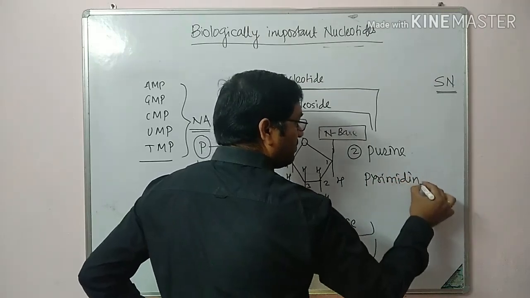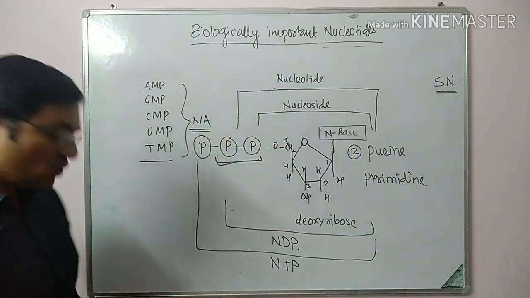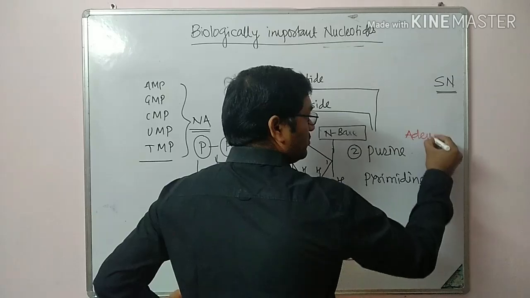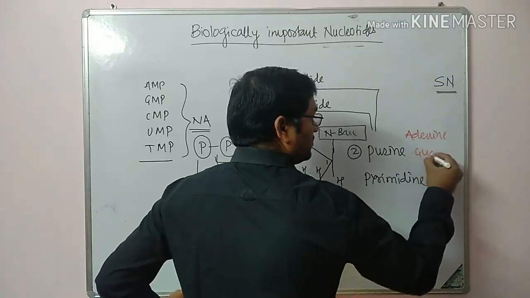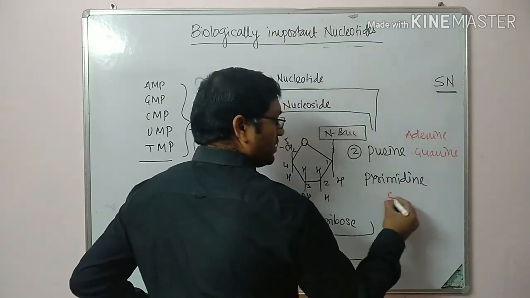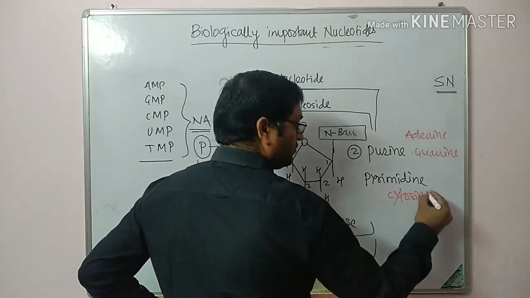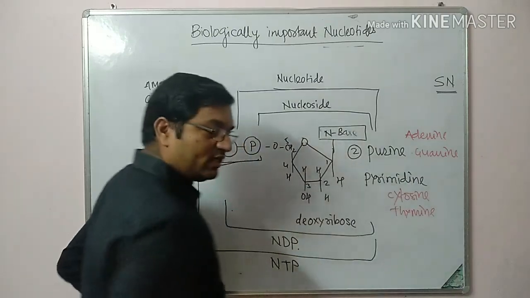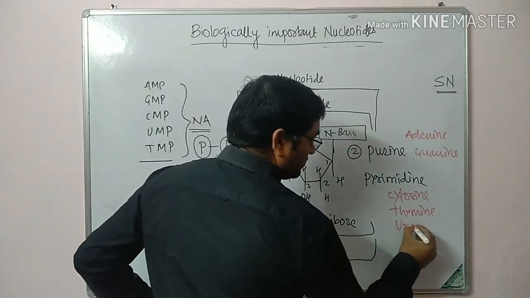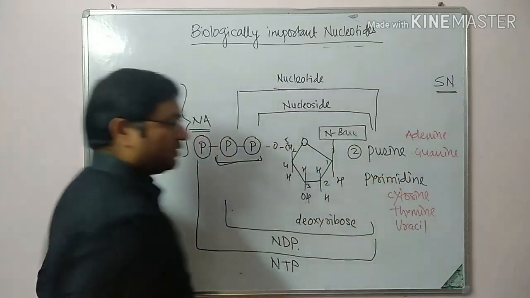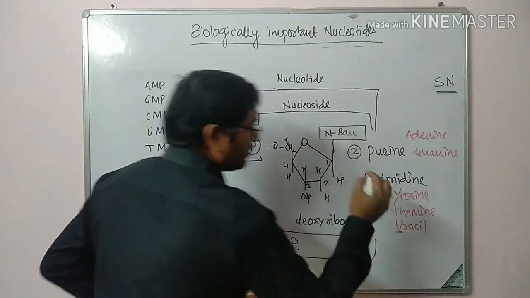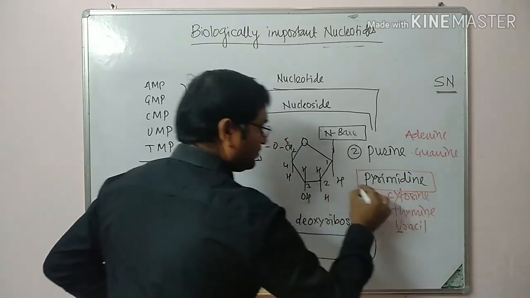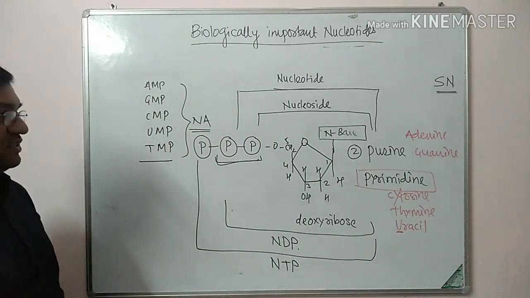Adenine and guanine are the purines, while cytosine, thymine, which is present in DNA, and uracil, which is present in RNA, are the pyrimidines. So there are two types of bases.